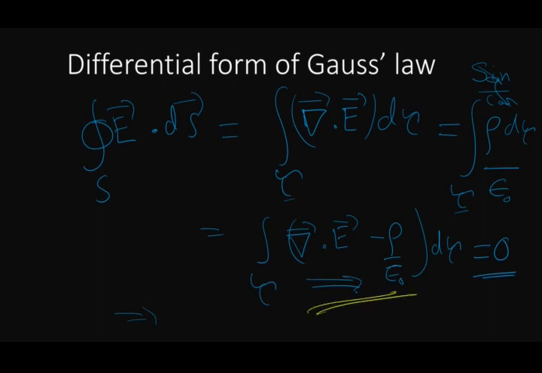Integrand I will show in yellow color, underline. Divergence of E, sorry, divergence of E minus rho by epsilon naught must be 0, and we will get the differential form.